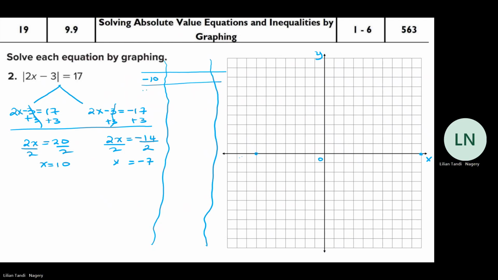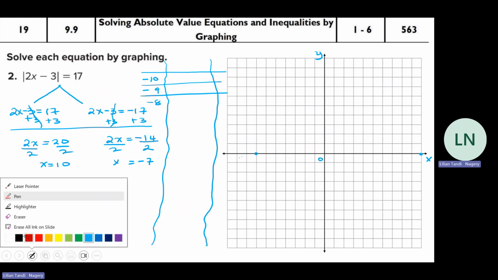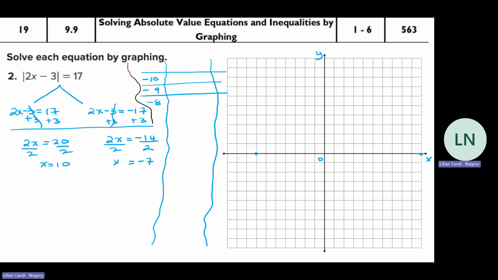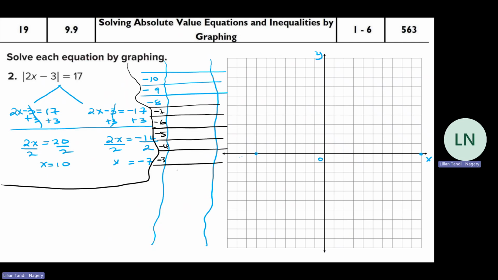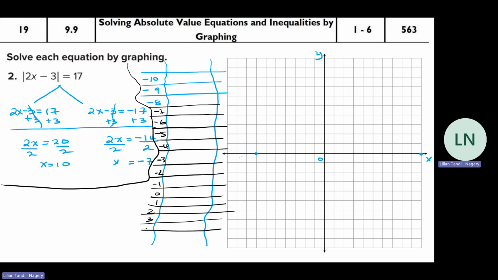Negative 10, negative 9, negative 8. I should use a different color so you can see the numbers from the table clearly. Negative 8, okay, negative 7, negative 6, negative 5, negative 4, negative 3, negative 2, negative 1, 0, 1, 2, 3, 4, 5, 6, 7.